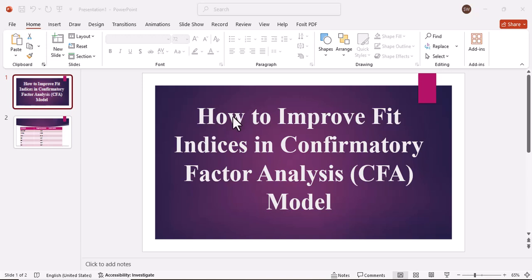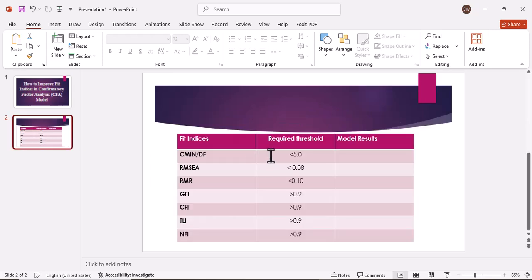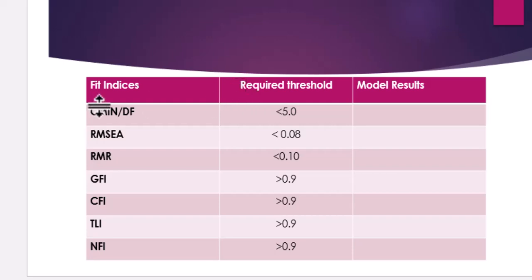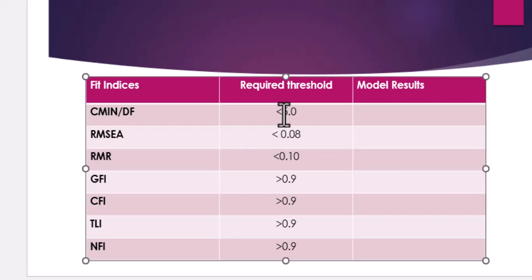So today we are going to discuss how to improve fit indices in a confirmatory factor analysis (CFA) model. In our previous video we said that fit indices have thresholds that they should satisfy. For instance, CMIN divided by degrees of freedom should be less than 5.0.